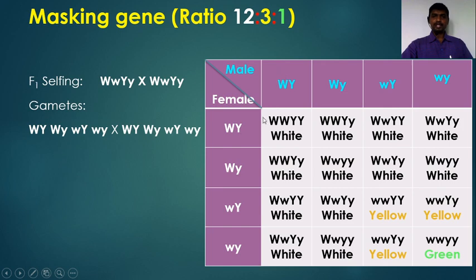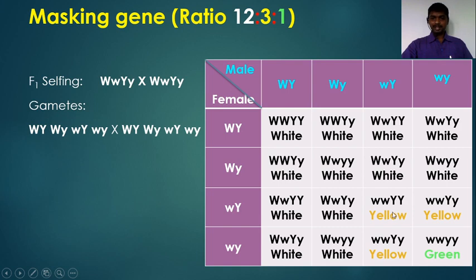So by the combination of these parents, we get capital WWYY. The phenotype is white. Here also white, because W and Y in this genotype are dominant. Here also W and Y are dominant. Here also W and Y are dominant. So when both alleles are dominant in a genotype, we get the white phenotypic expression.